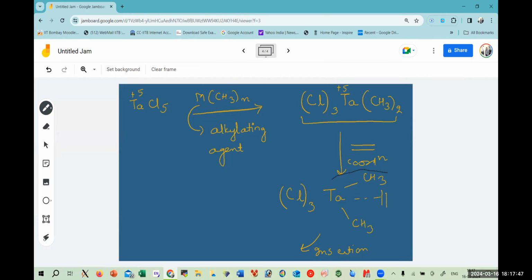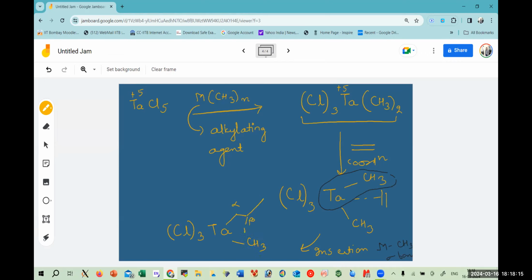Here you have the metal, anything could be possible. So insertion into the metal CH3 sigma bond, and ultimately it would give us Cl3 remaining as such on tantalum, and it would form alpha, beta, and this CH3, and the other CH3 remains as such.